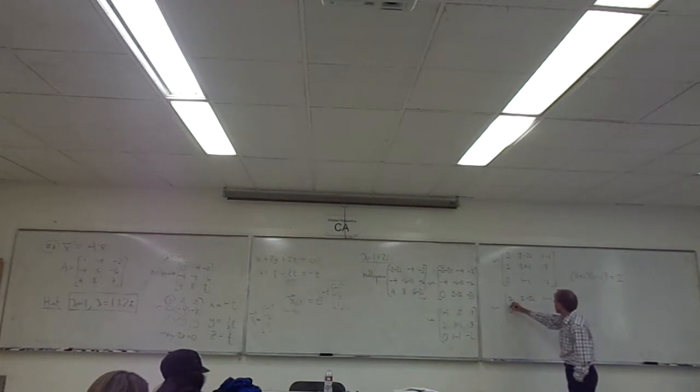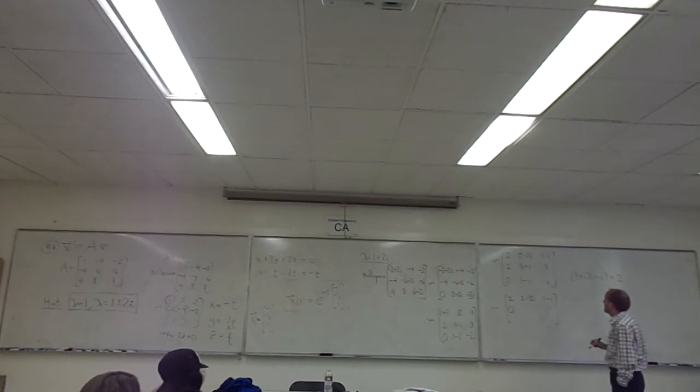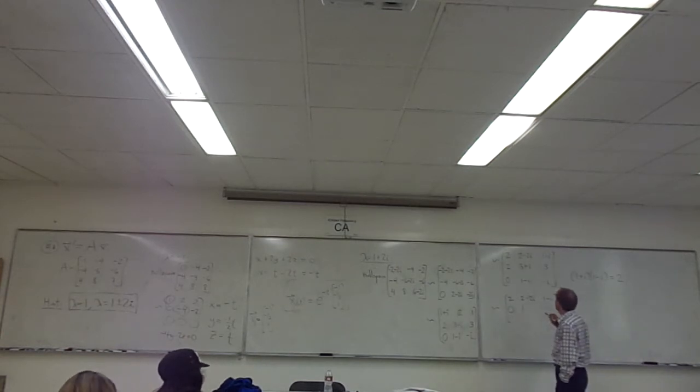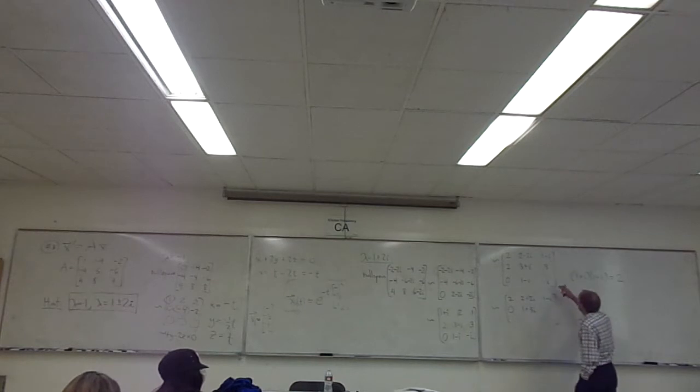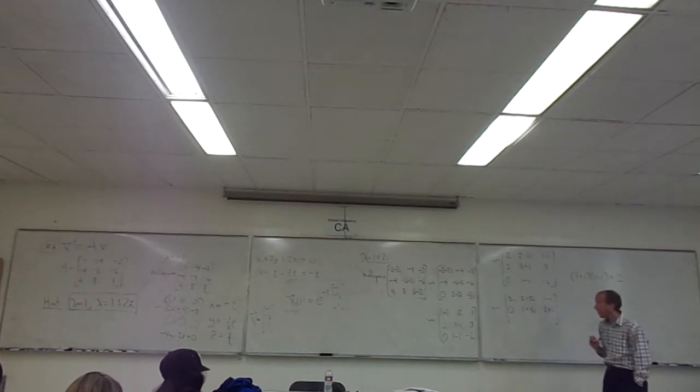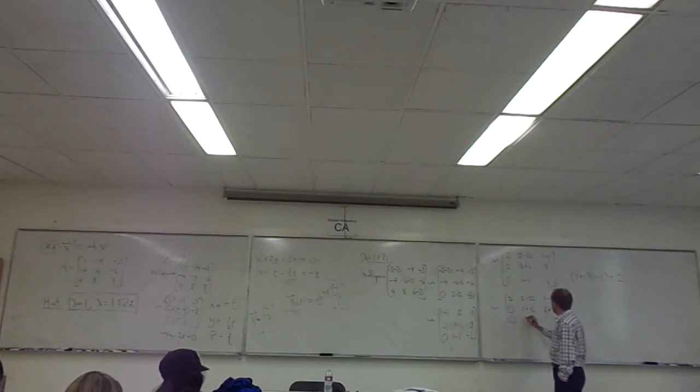And then I'm going to take the negative of the first row and add it to the second row, and I'm going to get a 1. Negative of this, add it to that, 1 plus 3i exactly. And then the negative of this, add it to 3, is going to be 2 plus i, I believe. Okay? And then I have 0, 1 minus i, and minus i.